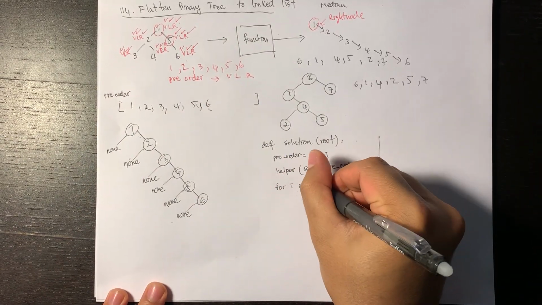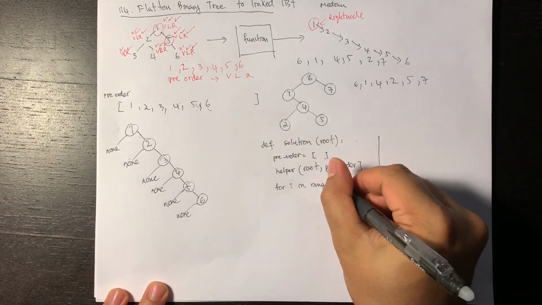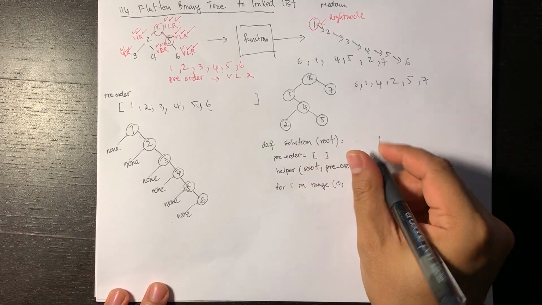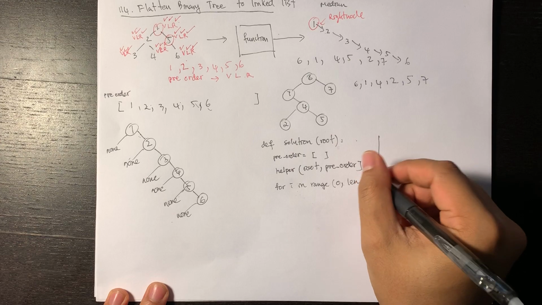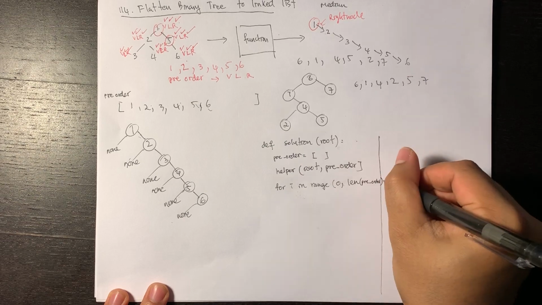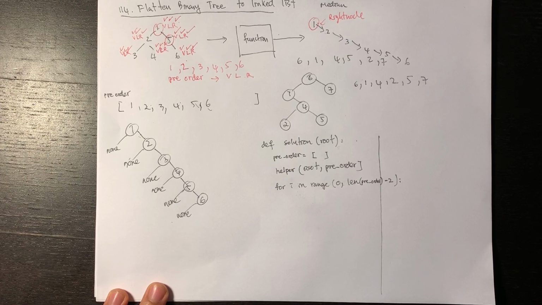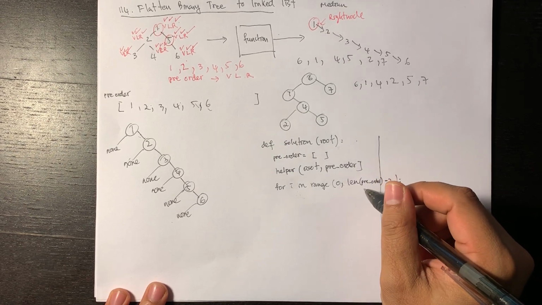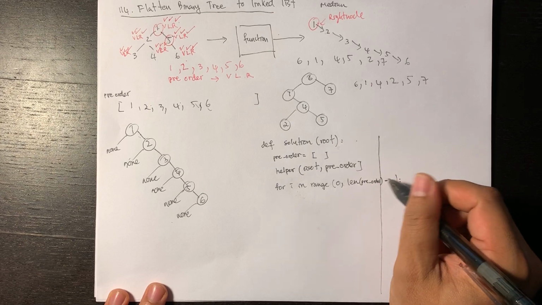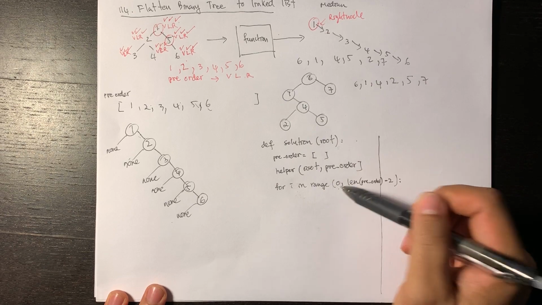For i in range of 0 to length of pre-order minus 2, because we're going to look one index in advance, and also the size of the array should be minus 1 because the index starts at 0.